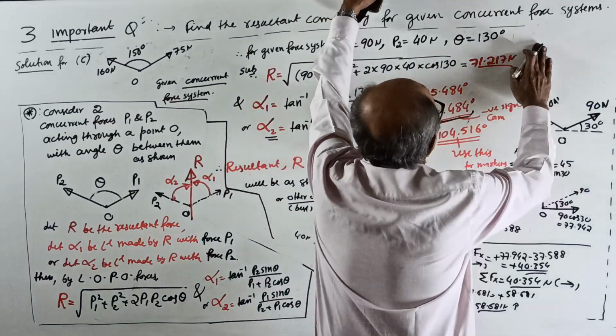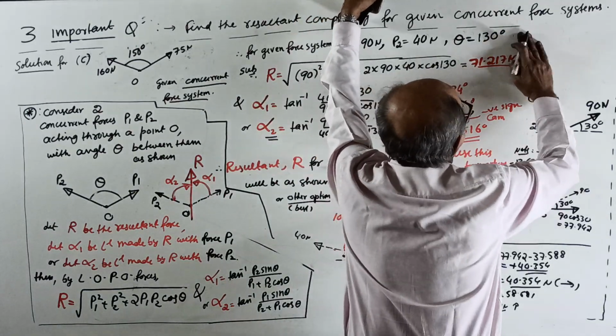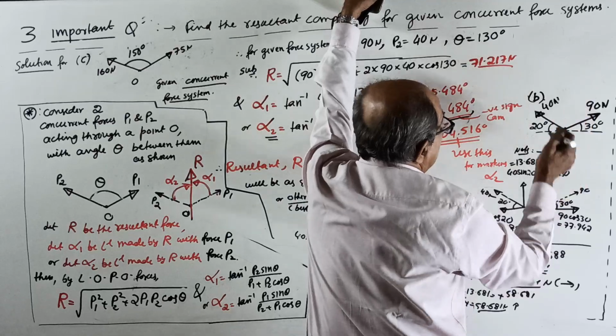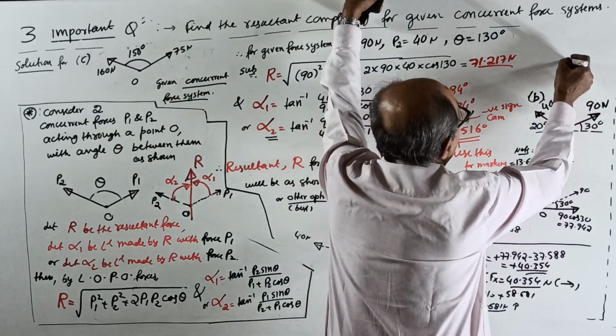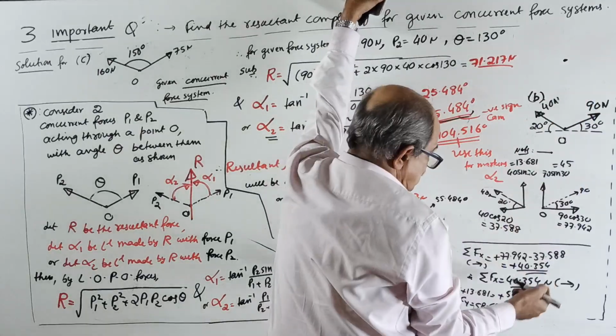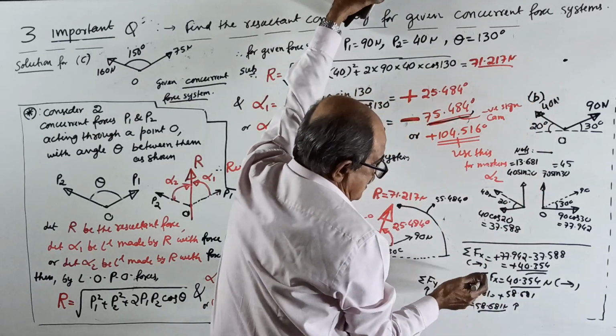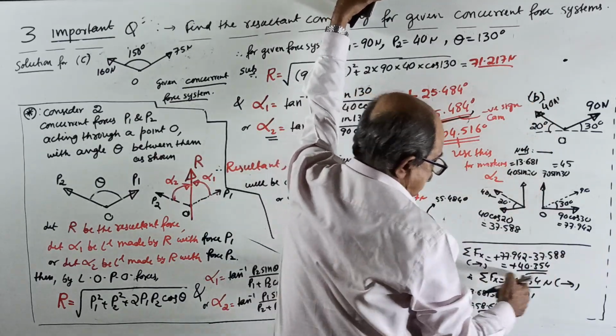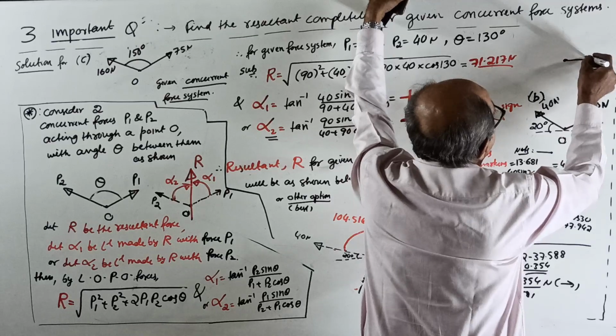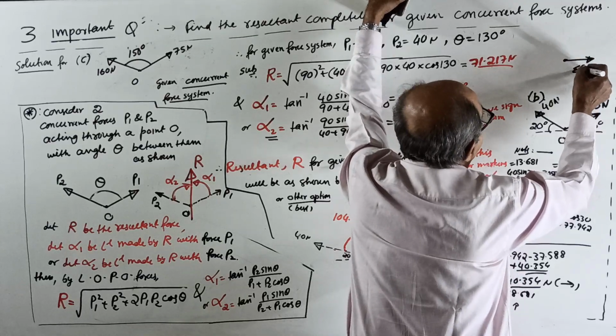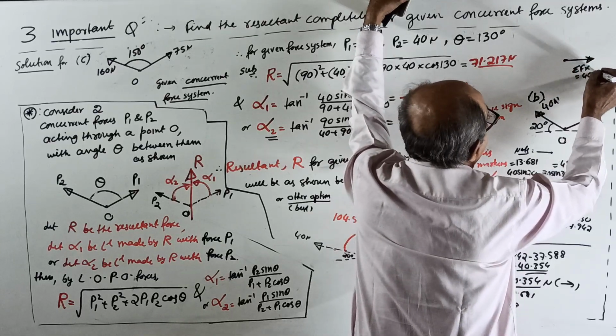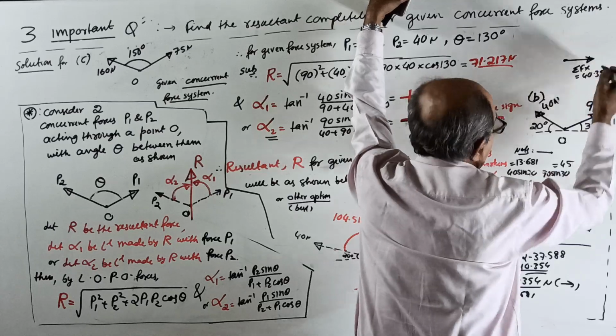I'll use this space. See, these are all not required. I write here now, because space is not there. To the point O, right side net force of 40.354. Sigma fx equals 40.354 Newton.